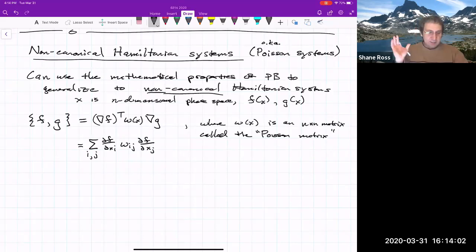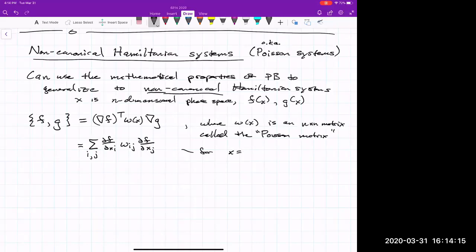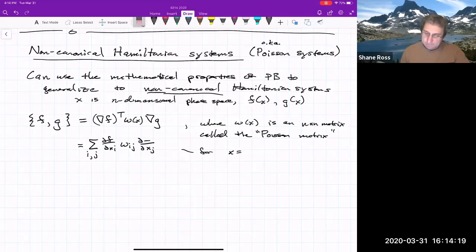So this is using index notation just to write the same thing as above. Should that be dg, dxj? Yeah, thank you. So x equals x1 all the way down to xn, and we've got that.